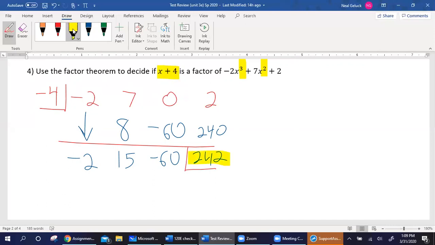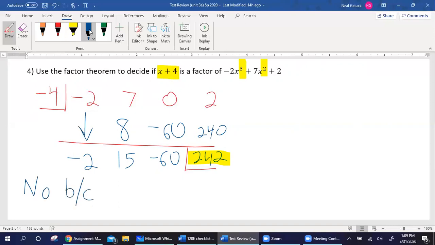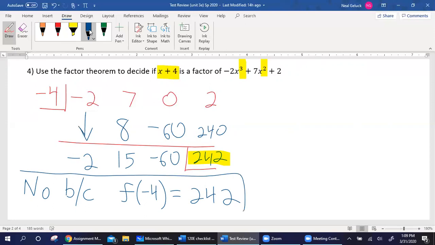I did not. I got a remainder of 242. So no, because the remainder is 242. I believe on your test, you're going to write because f of -4 is 242. Again, it should have equaled 0 if it was a factor, but it did not.